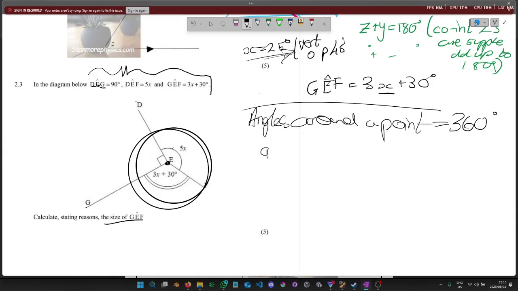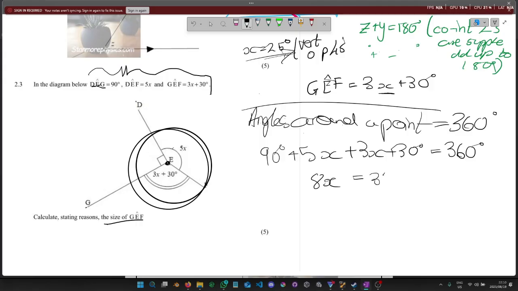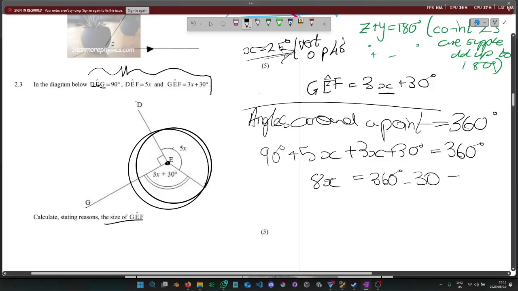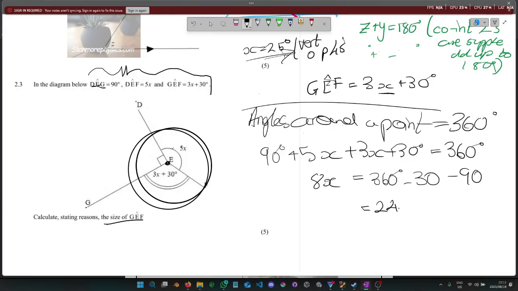So we say 90 degrees plus 5x plus 3x plus 30 degrees equal to 360 degrees. And we can work this out. 5x plus 3x is 8x. 360 minus 30 minus 90 will be equal to 240.